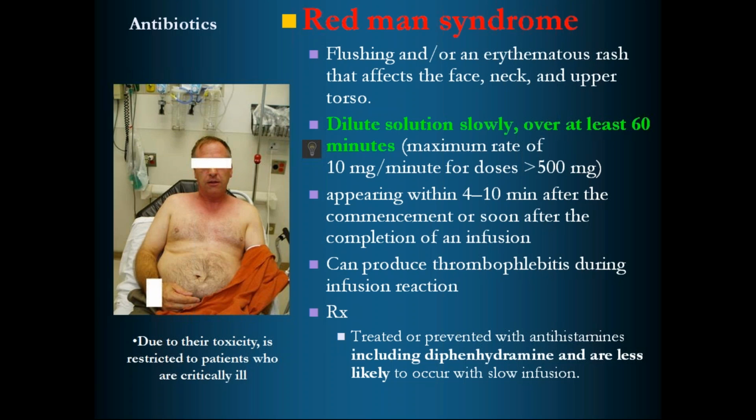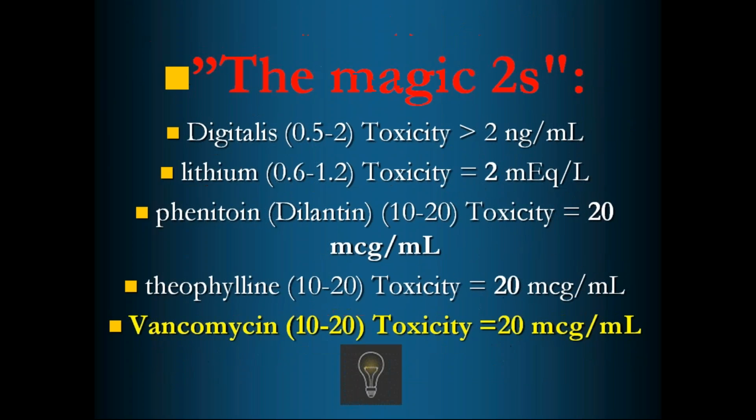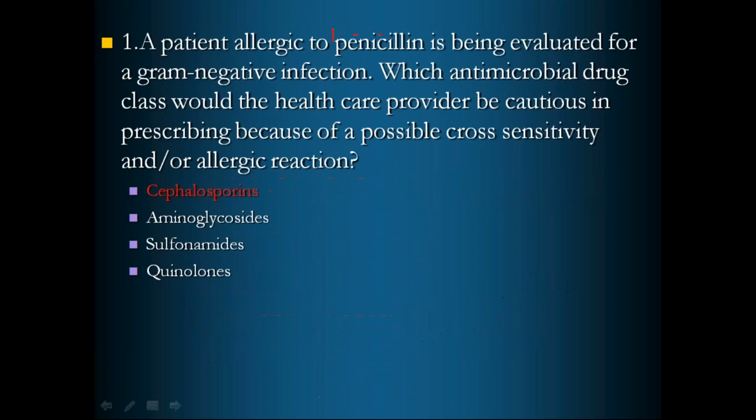The collapse can produce inflammation, narrow the lumen, cause turbulent flow, slow down the flow, and produce a clot. So remember that it needs to be administered over more than 1 hour, more than 60 minutes. It's for MRSA, with the 10 to 20 levels and toxicity above 20.